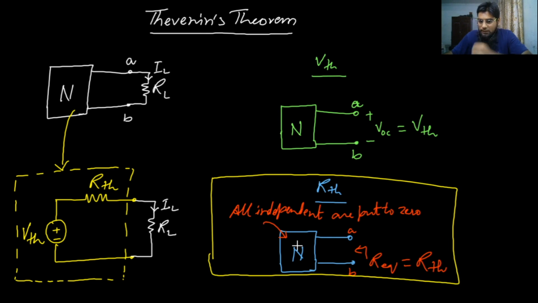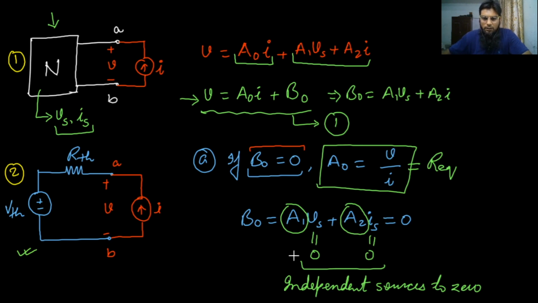We are putting all the independent sources to 0, and if the independent sources are put to 0, then the equivalent resistance looking into the network from the terminal AB will give you the equivalent resistance, or Thevenin's equivalent resistance RTH. The same thing is happening here. We are now putting all the independent sources to 0 and we are calculating the ratio V by I, which is R equivalent, and this will be equal to RTH.